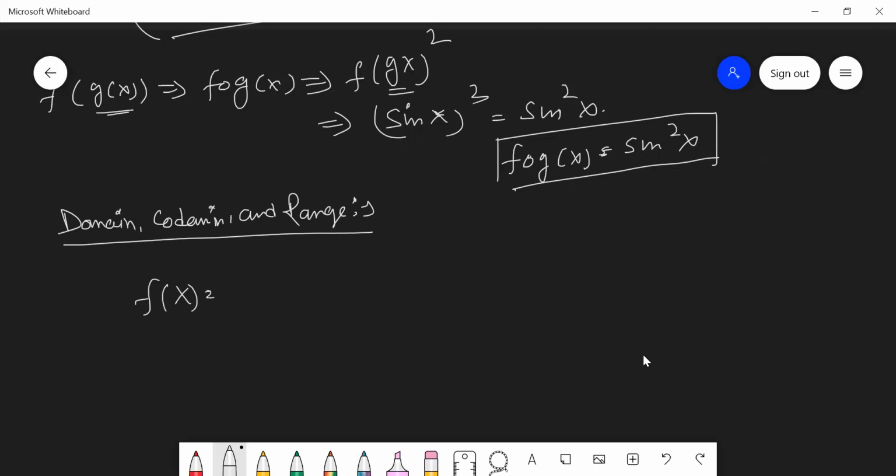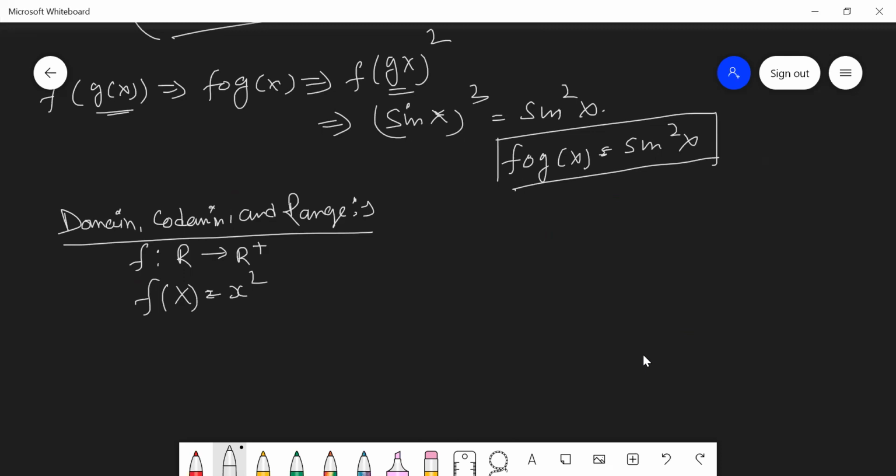When we define this function, it is defined from the real numbers to the positive real numbers, R positive, because f(x) = x².